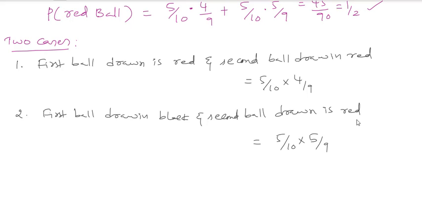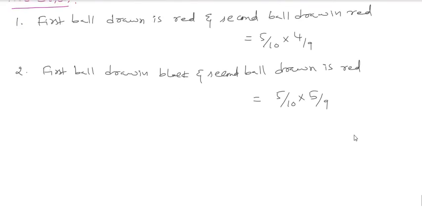Based upon that, there is one more problem you can do. Can you try that problem? It is the same example, just with one variation. Let me take it down.